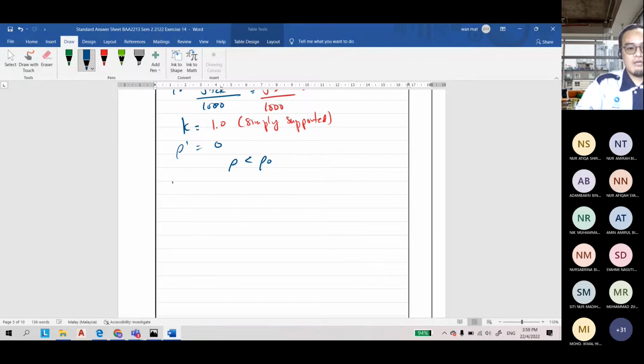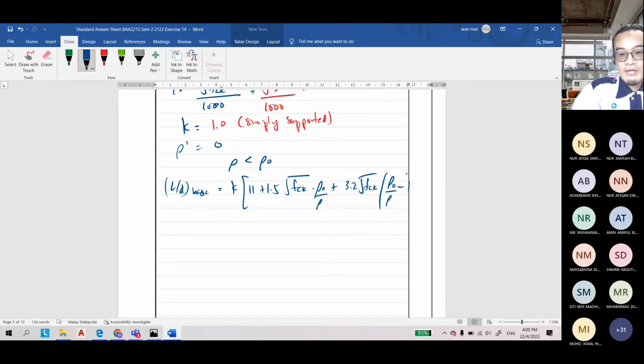So L over D basic equal to K times 11 plus 1.5 square root FCK times rho naught divided by rho plus 3.2 square root FCK times rho naught divided by rho minus 1 to the power 3/2. Okay.